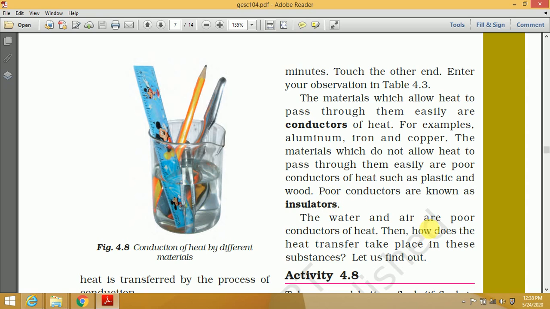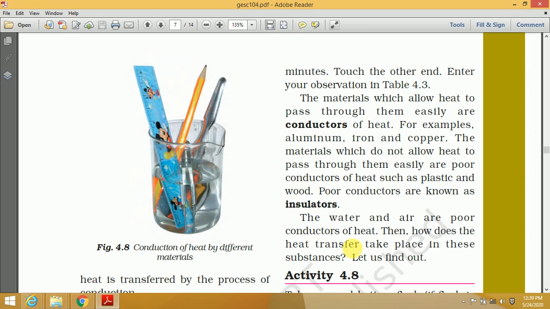The water and air are poor conductors of heat. Then how does heat transfer take place in these substances? Let us find out. Generally, we have seen that conduction is the process of transfer of heat that takes place in solids, air and in water.